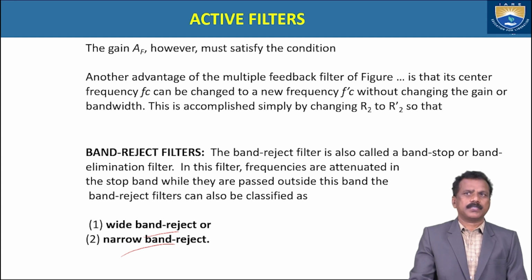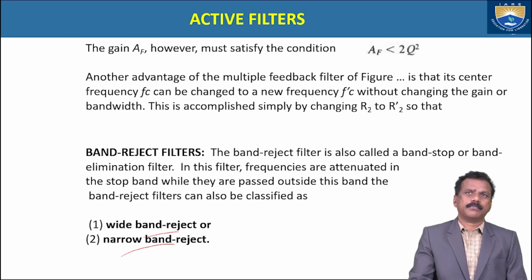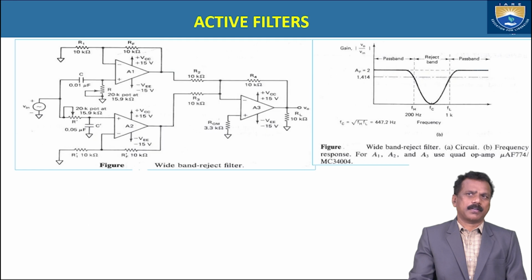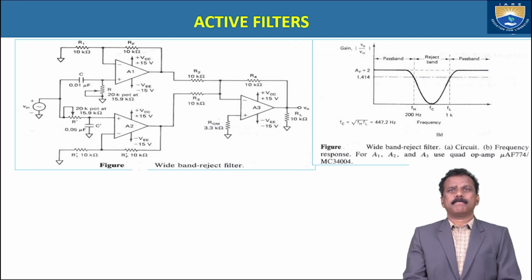This is accomplished simply by changing R2 to R2 dash, where R2 dash is equal to R2 times Fc by Fc dash squared. Here you have to consider the wideband rejection filter.